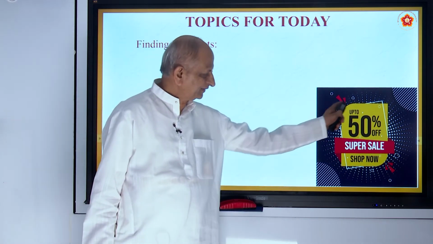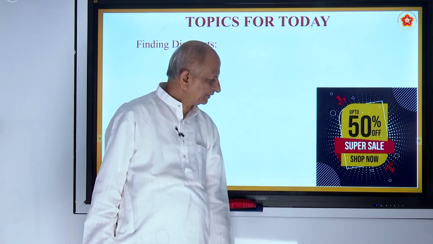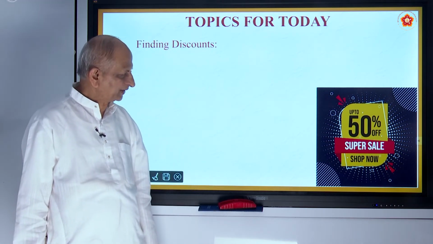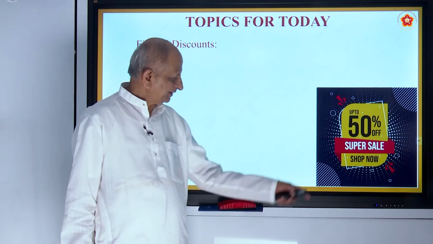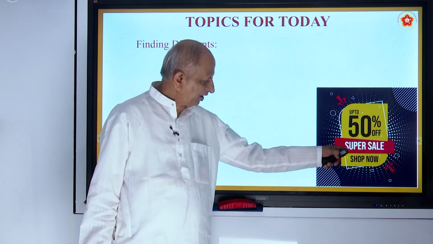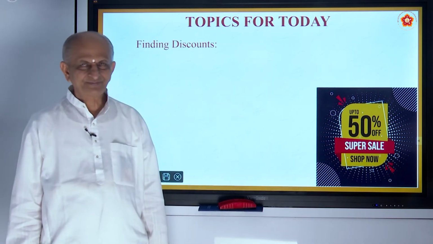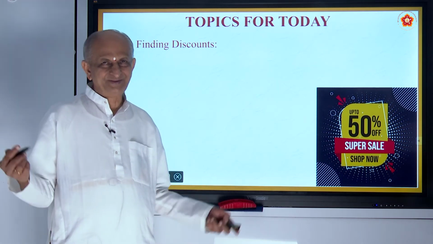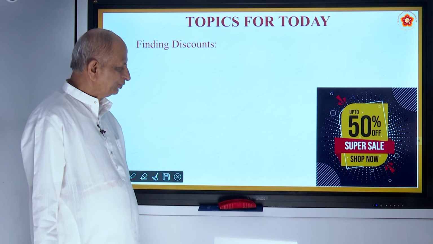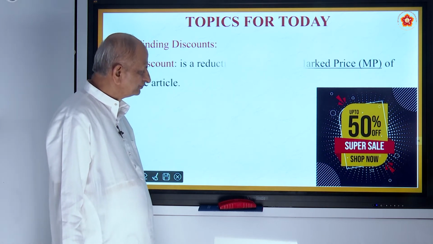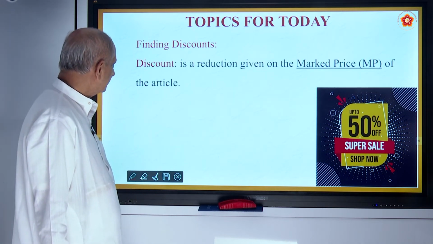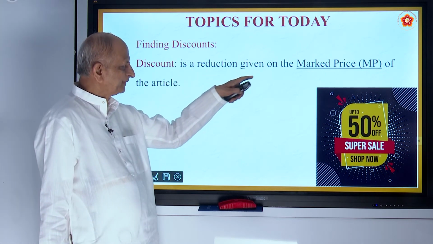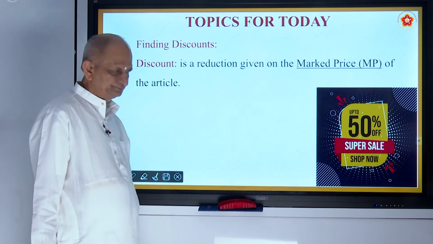They put a lot of advertisements just to attract people for making more business. It is written here, 50% off for super sale. Is it not? So many things you see. Sometimes they use the word discount. Correct? So discount means it is a reduction given on the market price of the article.